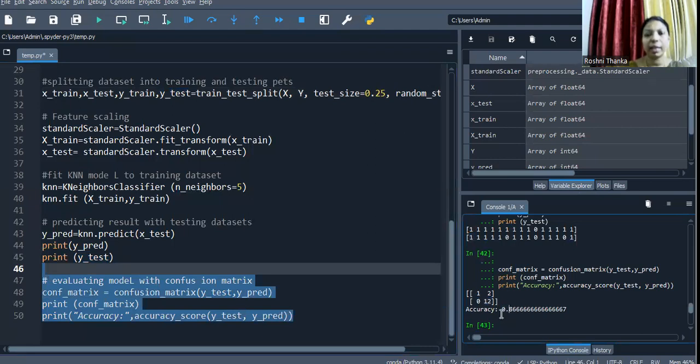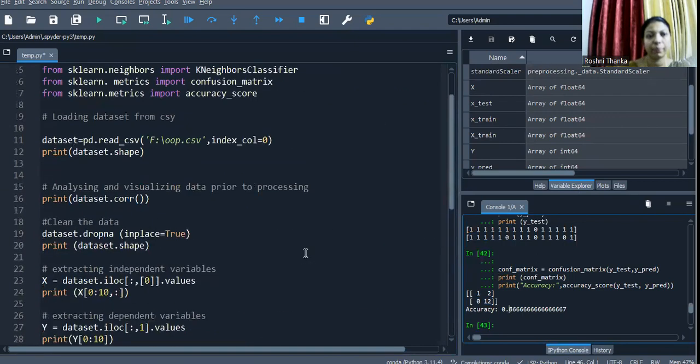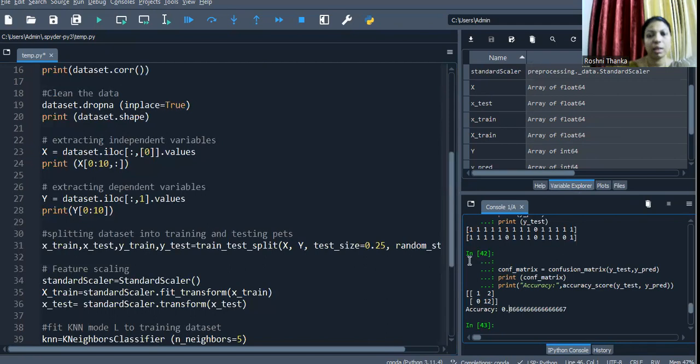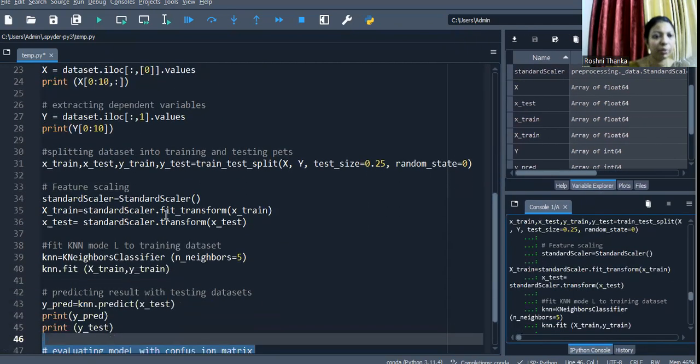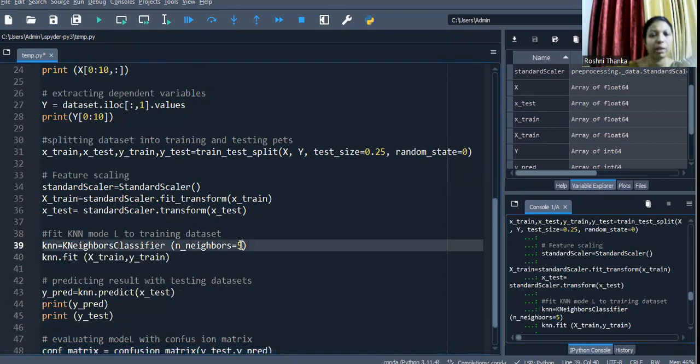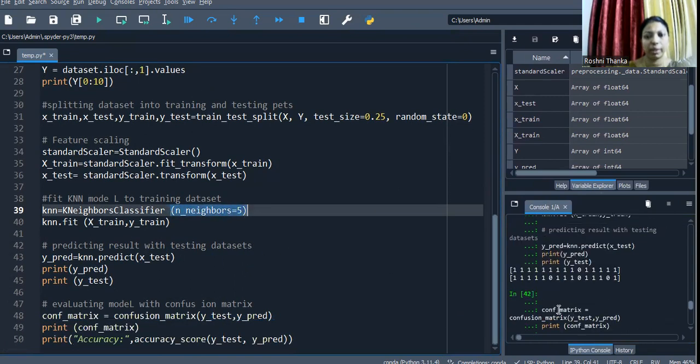So using the k-nearest neighbors algorithm, we got this accuracy for this data about the students' marks. Now what you can do is check for different k values. You can change the k value to 3, 7, 9, and for different k values, check what accuracy you are getting.